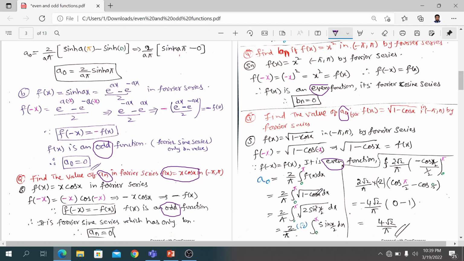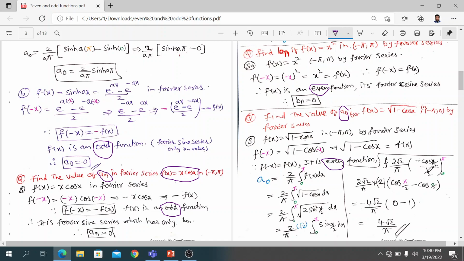As we know, the formula 1 minus cos x is 2 sin square x by 2. So 2 by pi, take root 2 outside, integration 0 to pi, square and root cancel, sin x by 2. 2 into root 2, 2 root 2 by pi as it is, integration of sin x by 2 is minus cos x by 2 by 1 by 2.